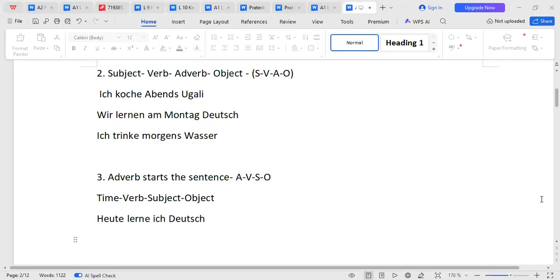Jetzt lerne ich Deutsch. Sehr gut. Heute spielen wir Fußball. Richtig. Jetzt lerne ich. Morgens gehe ich Schule, oder zur Schule. Jack should be taught about the prepositions when you join. You can say morgens gehe ich zur Schule. Zur is a preposition to be taught.